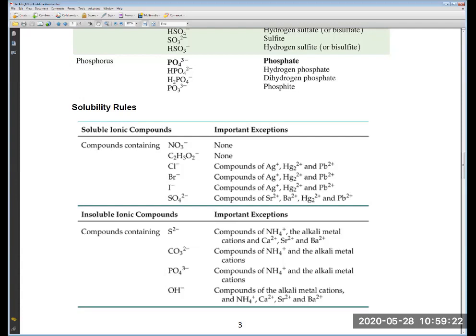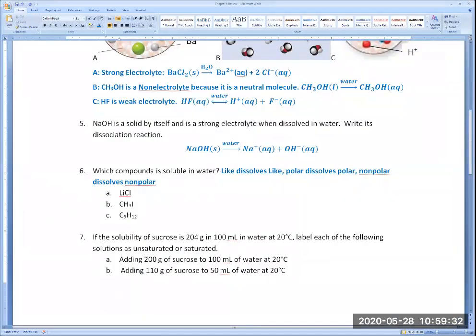So that means LiCl is a soluble ionic compound, an ionic compound soluble in water.